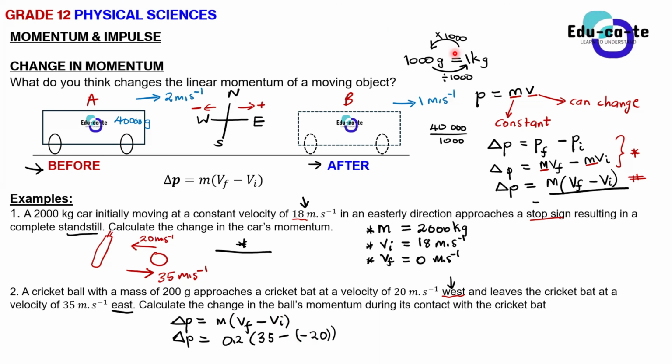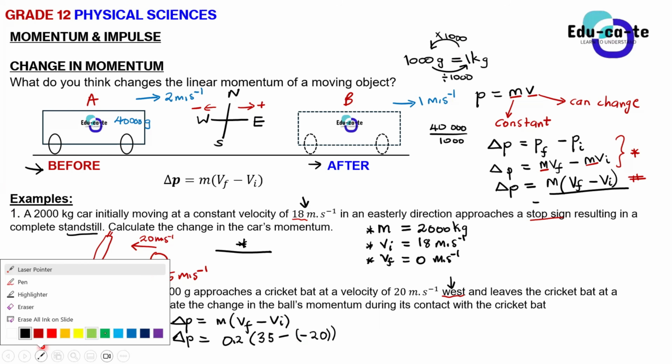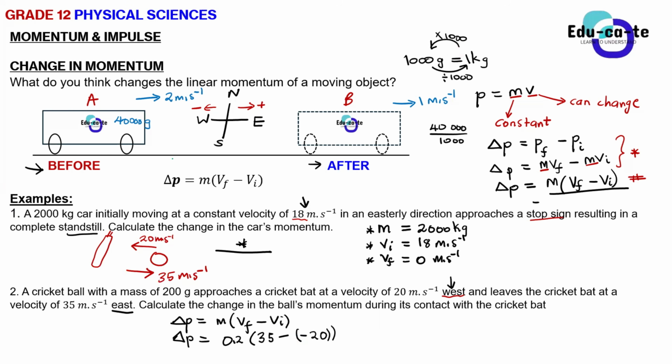Yeah, thank you. I just wanted to emphasize, guys, on the direction problem, if you've written east, you must specify next to it that east represents the positive direction. Let's say you're using east and west. You must really specify, not just leave east alone, because the examiner or the marker will not know what east represents.